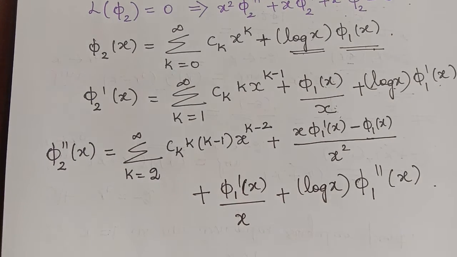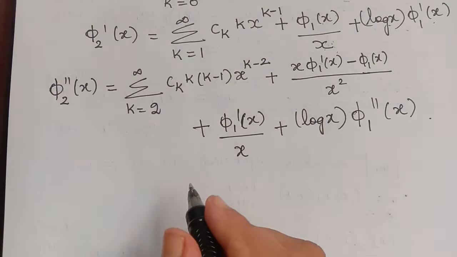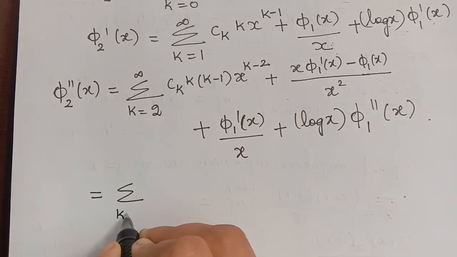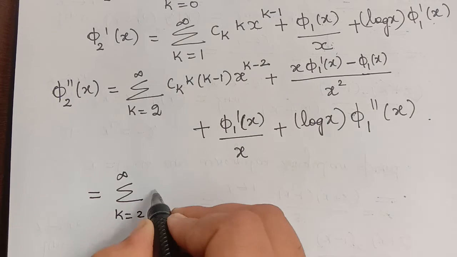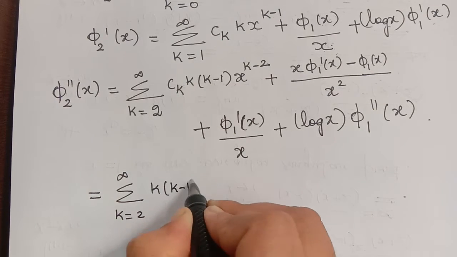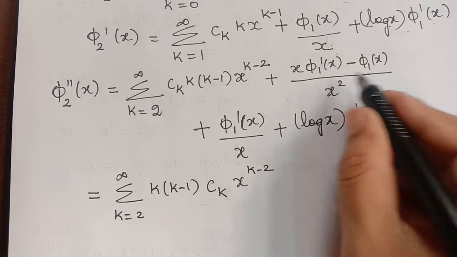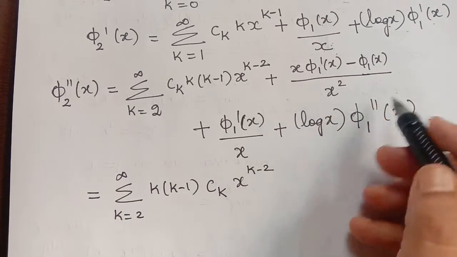So now we will simplify this. This will be equal to summation k equal to 2 to infinity k into k minus 1 ck x to the power k minus 2. Now this term can be written by separating the denominators.